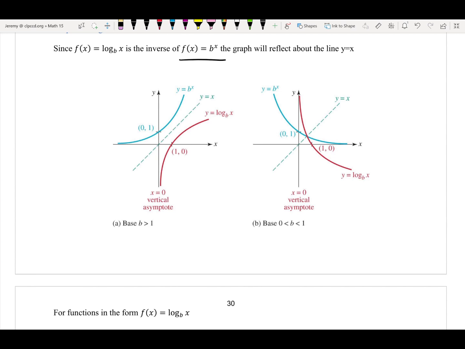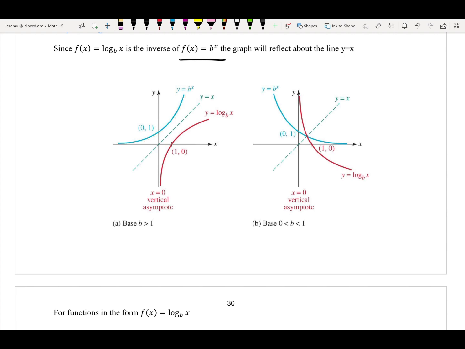So here is the graph of y equals log base b of x. And this first picture, really this is if we have a starting function or an exponential function where the base b is greater than 1. So we have this increasing kind of behavior here.